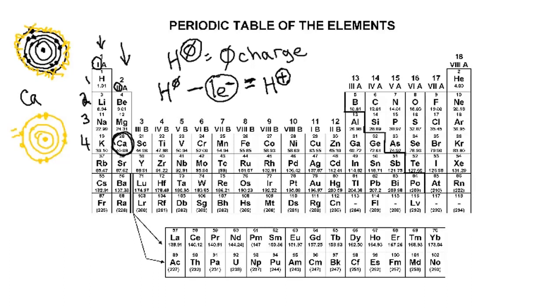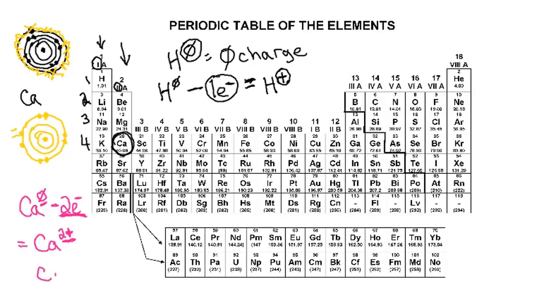But what happens when calcium, which is normally a zero charge just by itself, gets rid of 2 electrons? That's 2 negative charges. Calcium ends up with a positive 2 charge because we got rid of 2 negative charges, and calcium was a zero charge minus the 2 negative charges, and that makes it 2 positive.